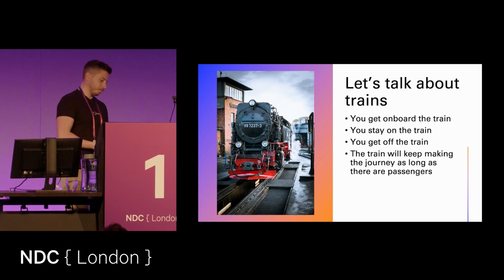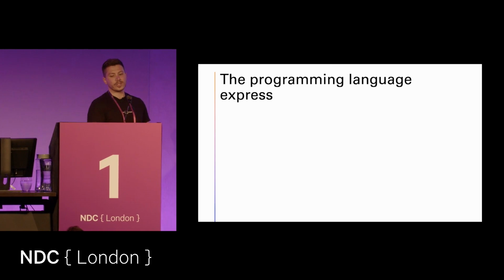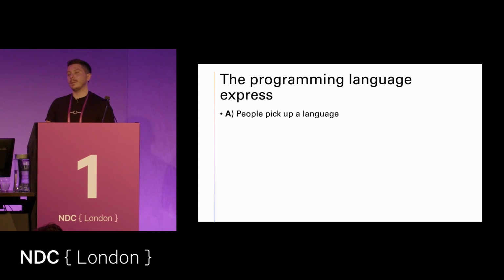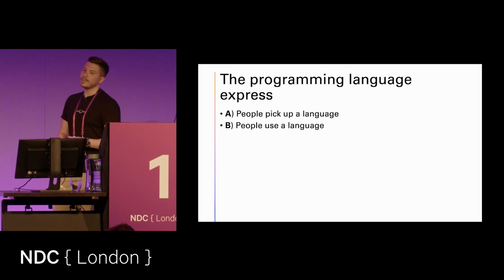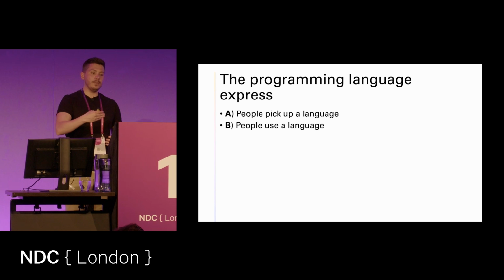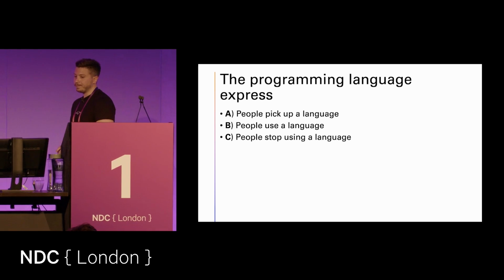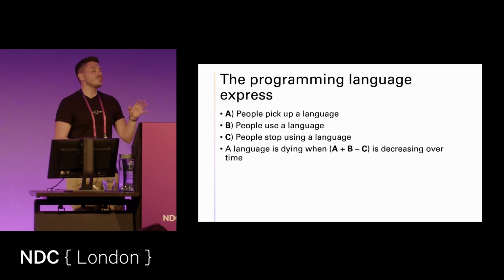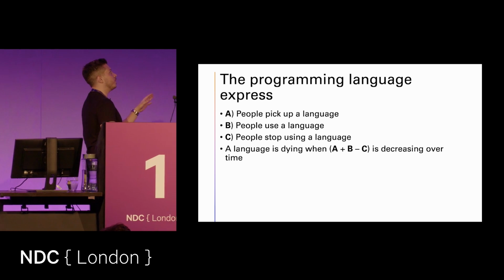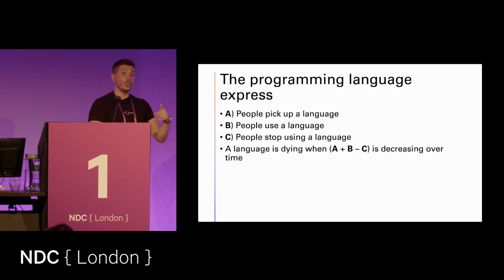So let's talk about the programming language express. A, people pick up a language. B, people use a language and they keep using that language. And C, people stop using that language. Now, a language is dying when A plus B minus C is decreasing over time, which makes sense.